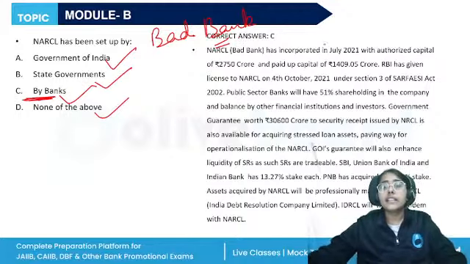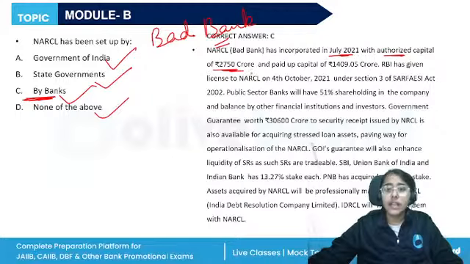So the NARCL was incorporated in July 2021 with authorized share capital of 2,750 crore and paid up capital of 1,409.05 crore. RBI has given the license to NARCL under the SARFAESI Act. Here, public sector banks will have 51% shareholdings. So they will act as the bad bank.